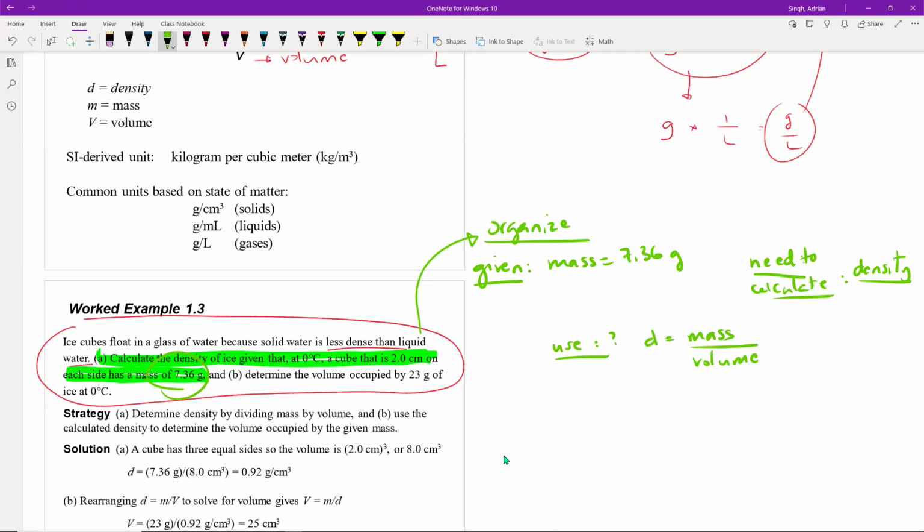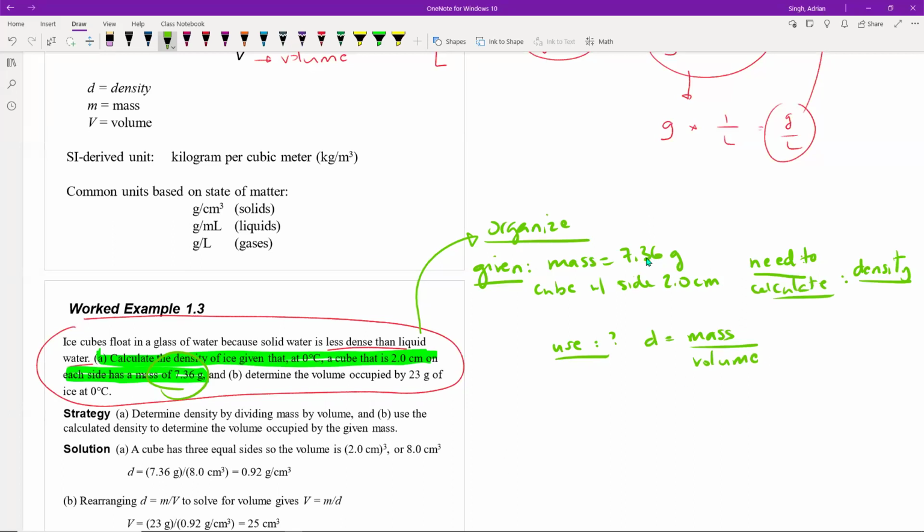And then are we given the volume? Well, we're told that we have a cube. But for that cube, we were told that each side has a length of 2.0 centimeters.